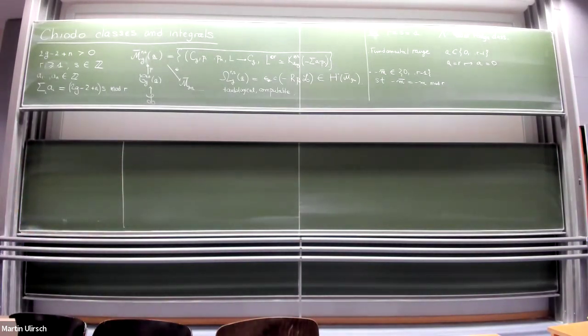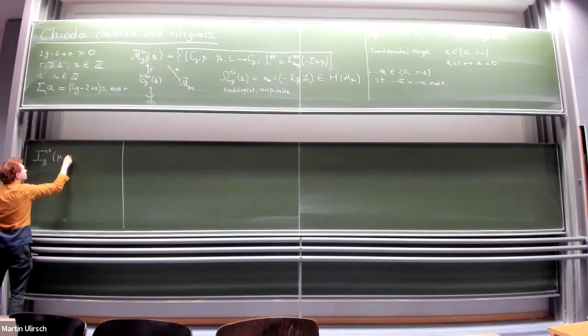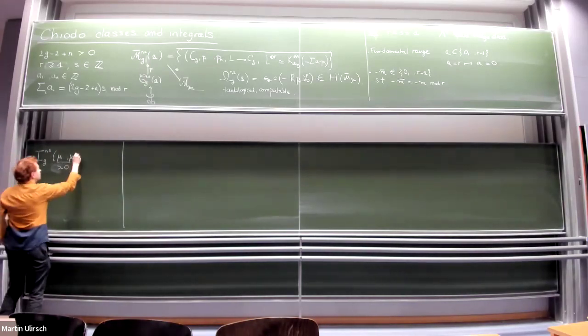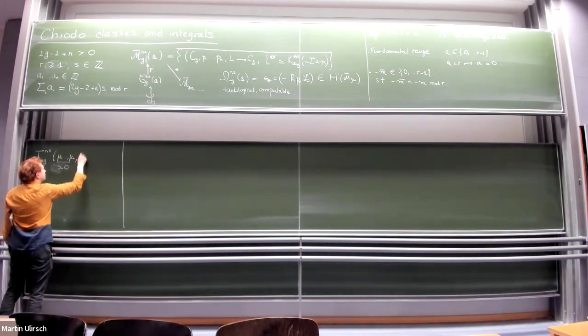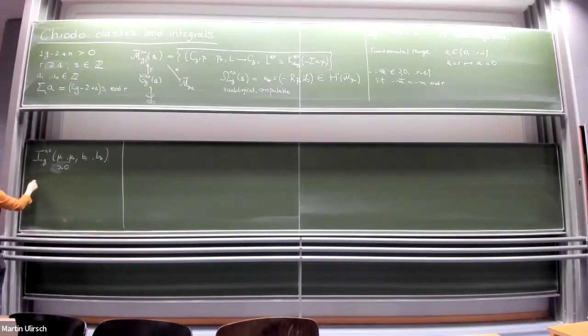So we're going to be interested in intersections of this class with psi classes, and in particular in the following integrals. They depend on r, s, and on n positive numbers mu_1 to mu_n. If you want, you can order them to depend on the partition mu, and it depends on some b's.